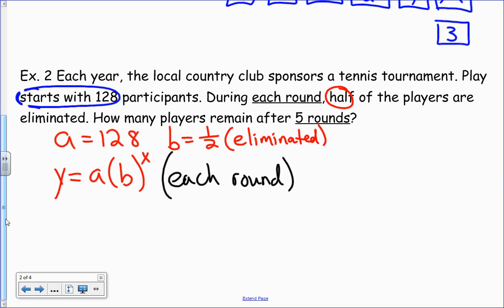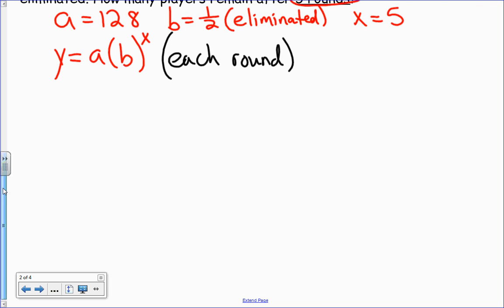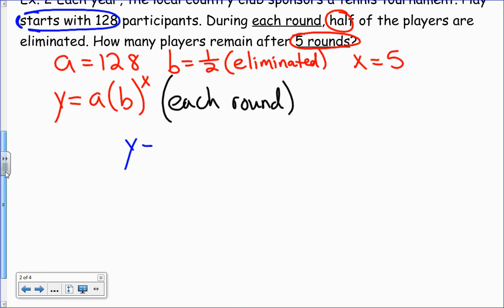How many players remain after 5 rounds? So the total amount of time, x, is 5. That's the number of rounds that we're looking for. So now it's a matter of plugging our numbers into our equation. Got y equals a is 128, b is 1/2, and x is 5.